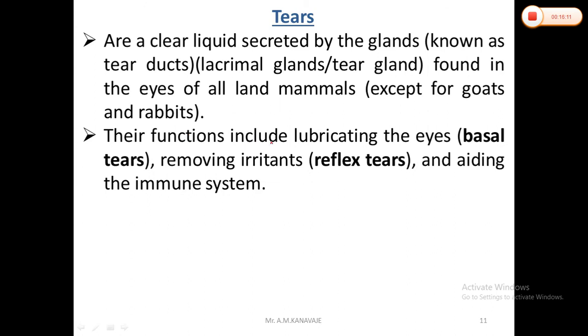Their functions include lubricating the eyes, meaning basal tears. In a healthy mammalian eye, the cornea is continuously kept wet and nourished by the basal tears. So they lubricate the eye and help to keep it clear of dust.